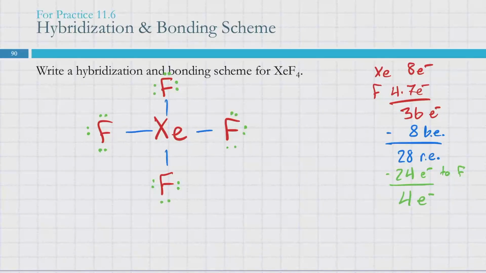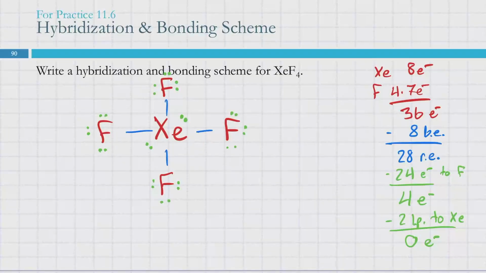Which means we've got 4 electrons left. Everything has a full octet. Where can we place our 4 electrons? We give them to the xenon, because xenon is big. Xenon has access to d orbitals. It has access to expanded octets. So we're going to give those as lone pairs.